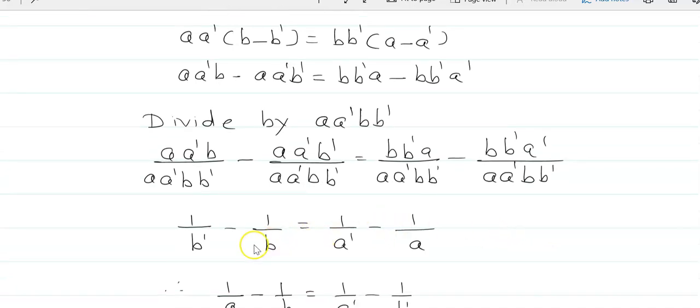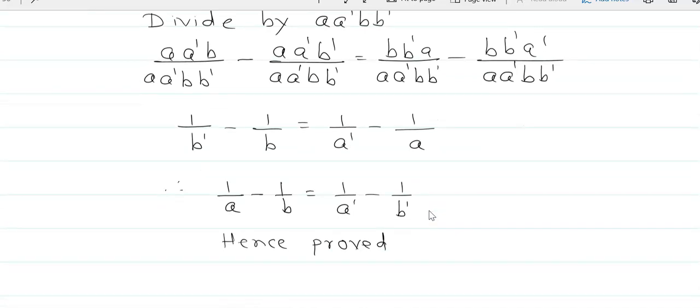If we simplify this, you will get 1/b' − 1/b = 1/a' − 1/a. And if we rearrange the terms, taking −1/a to the left hand side, the required equation is 1/a − 1/b = 1/a' − 1/b'. And this is what we wanted to prove.